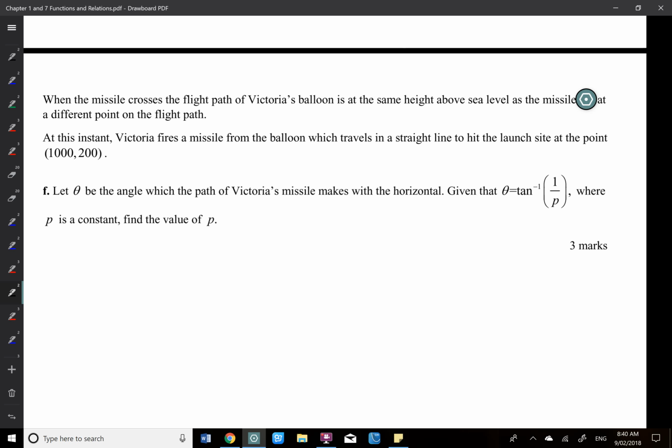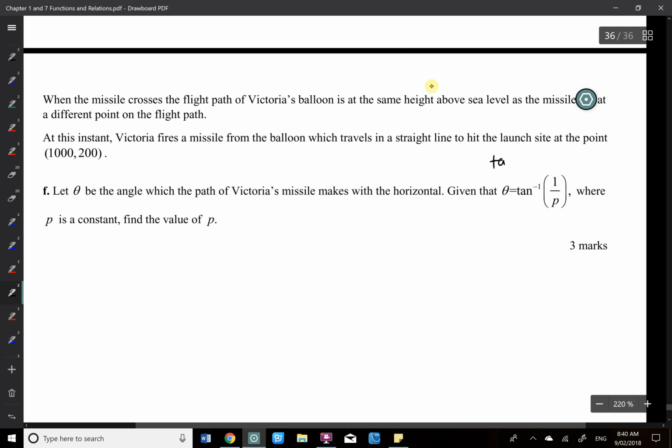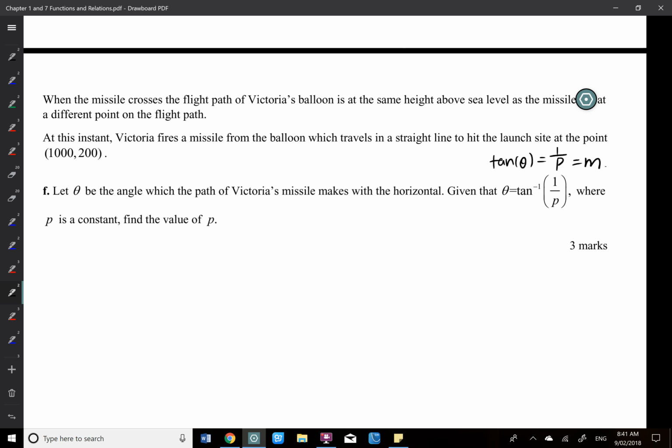Gradient. So what we can say is tangent theta equals 1 over p, and that is the gradient. That's related to the gradient. So what this question is actually asking, they ask you to find the p-value, but if you know the gradient, you will know the p-value, right? It's the inverse of the gradient.